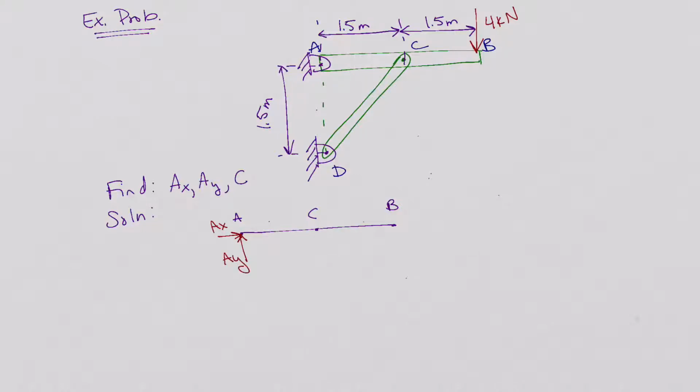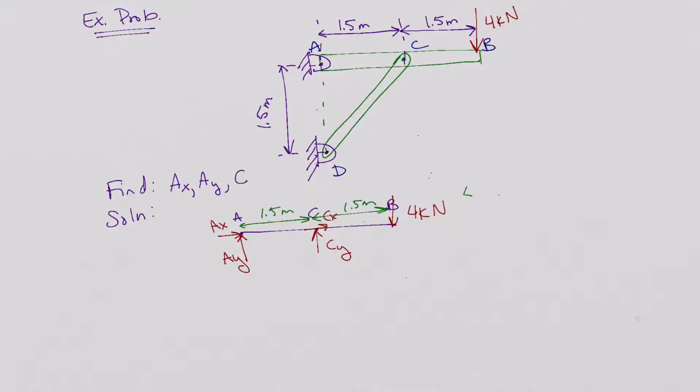So we have stuff going on at the A point. We have CX, CY, and then we have the force at B, which is 4 kilonewtons, so we know that one. And then just quickly, we know stuff about the measurements. 1.5 meters, we go here, 1.5 meters.